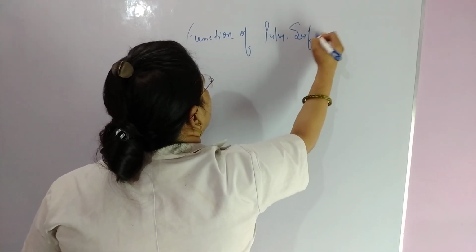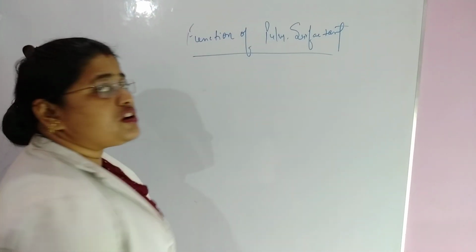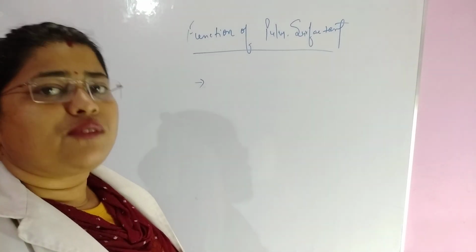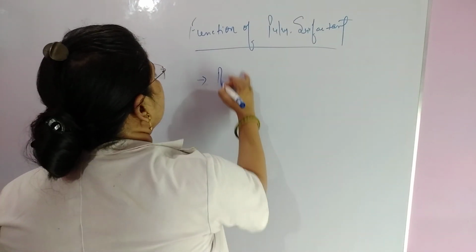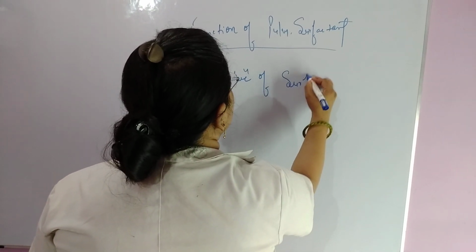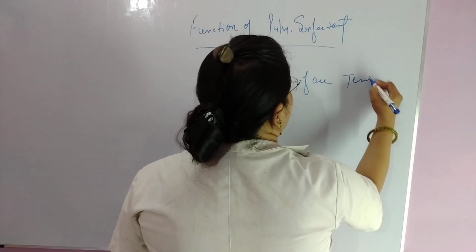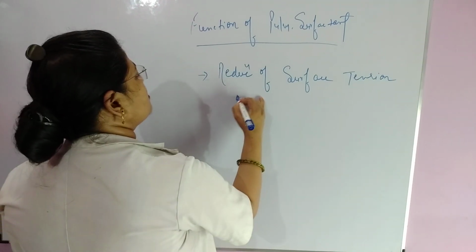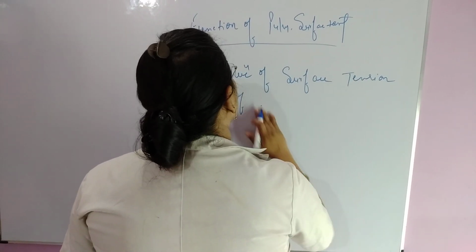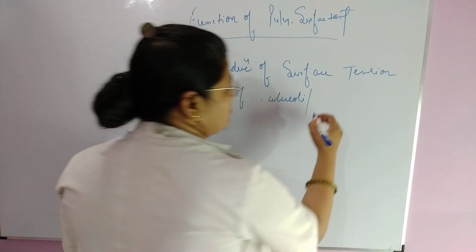The most important function is to reduce the surface tension of alveoli and alveolar membrane. Reduction of surface tension is the first or primary function. Surface tension of lungs, or you can say alveoli or alveolar membrane.